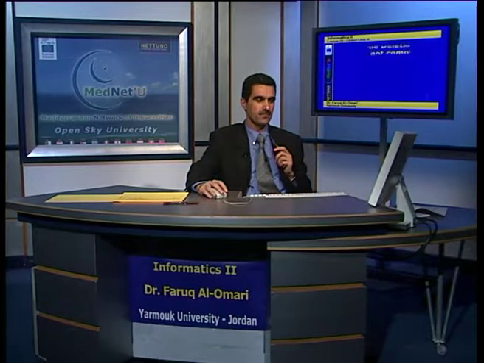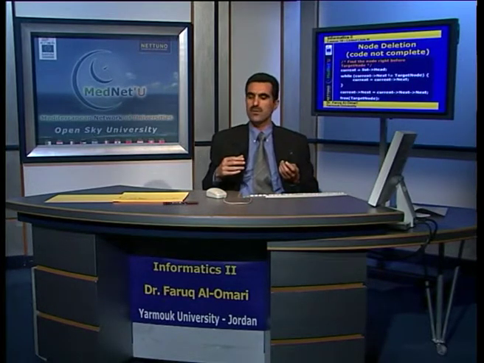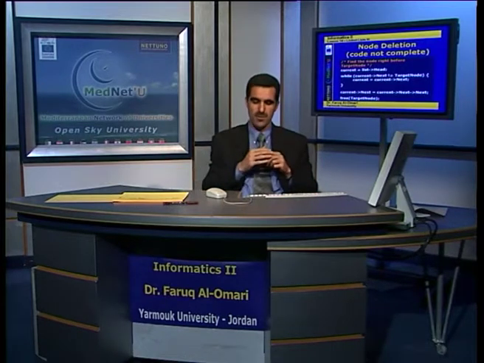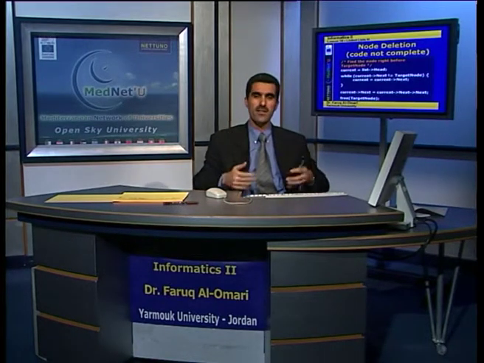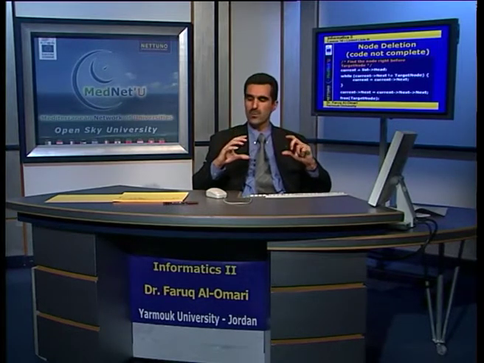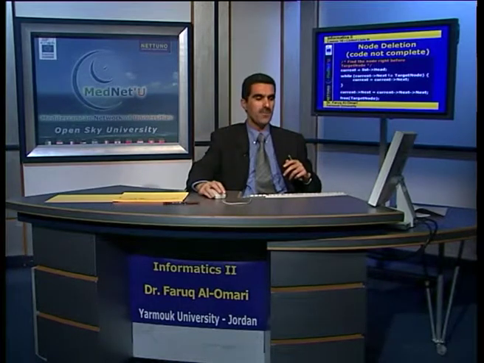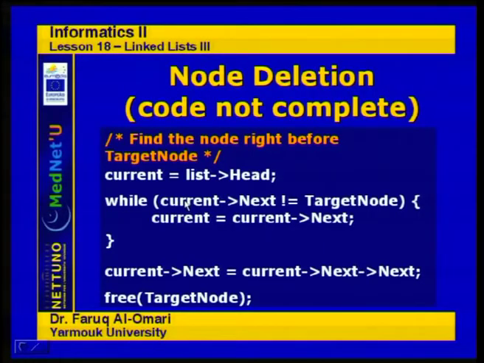All right? Well, based on this, let's now develop the code which performs this deletion process. Well, I'm not going to write the whole code in here. I'm just going to write the portion of the code which actually talks about this process. So at this point, I'm assuming that target has been located somehow.